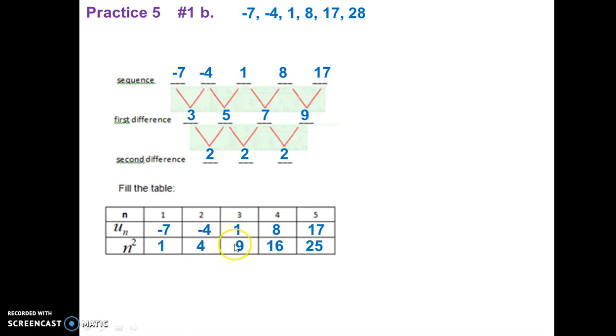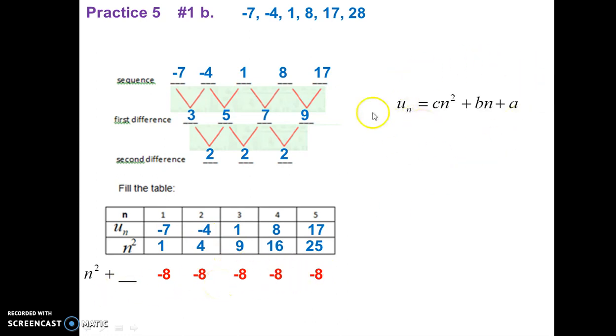And here we have n squared is 9, but to make it a 1, which is the actual number in the sequence, we have to subtract 8. So it looks like every time we have to subtract 8 to get from n squared to our actual sequence. So we have n squared plus some value gives us what we need, right? In this case, it's n squared minus 8 every time. So it's a pretty simple pattern, n squared minus 8.